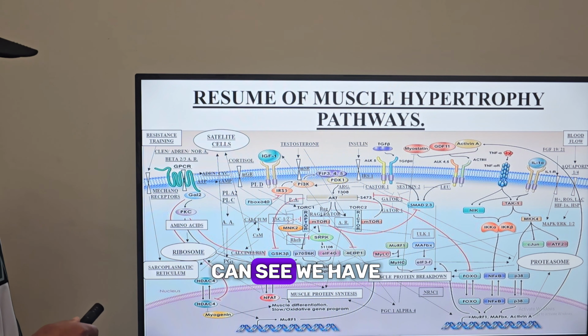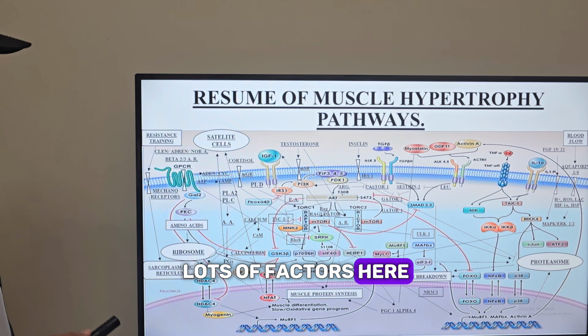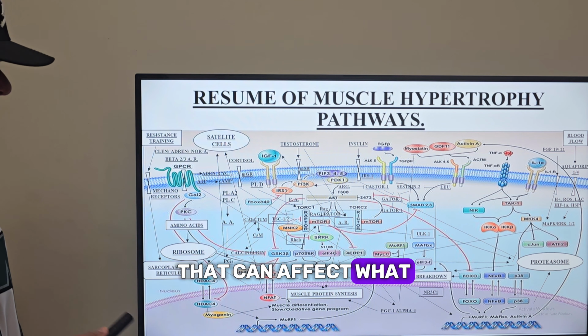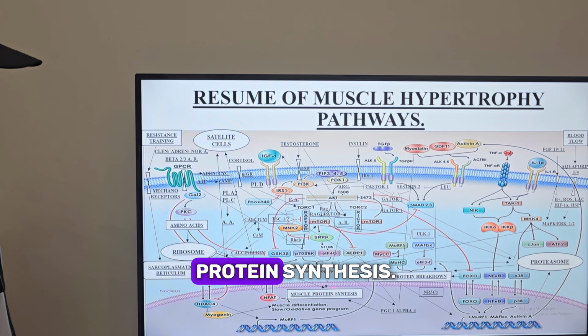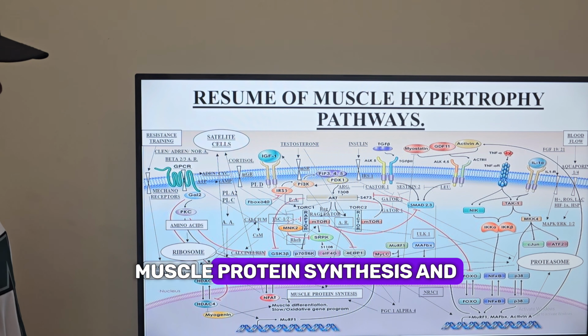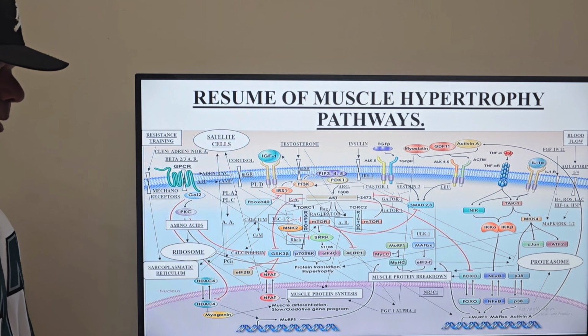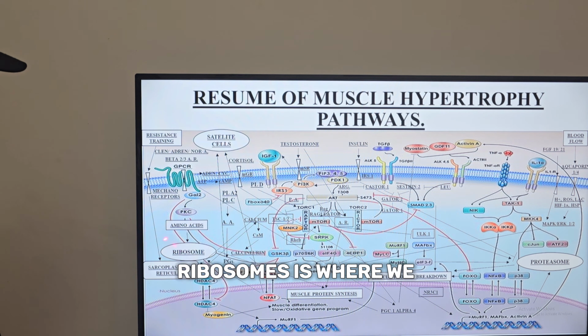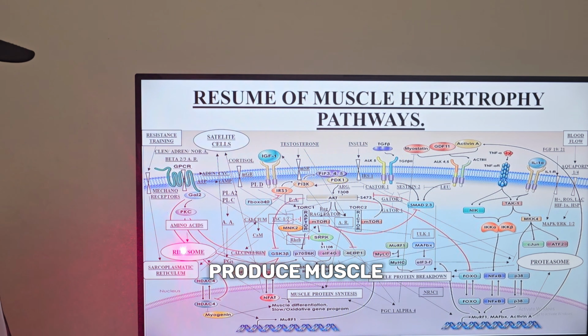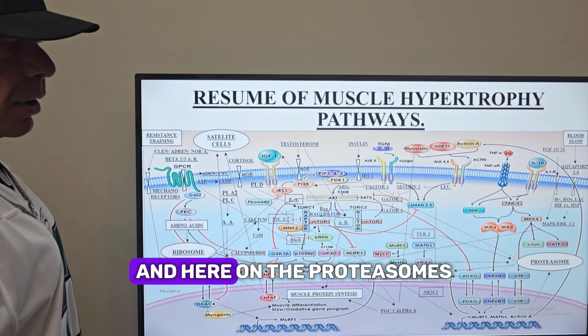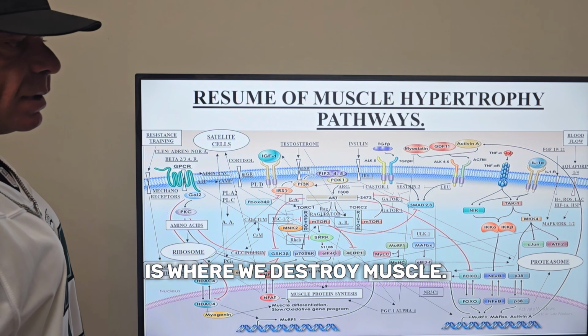But as you can see, we have lots of factors here that can affect what we want, which is muscle protein synthesis. So increase the muscle protein synthesis and reduce the muscle protein breakdown. Here on the ribosomes is where we produce muscle. Here on the proteasomes is where we destroy muscle.